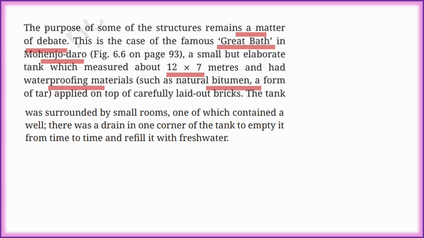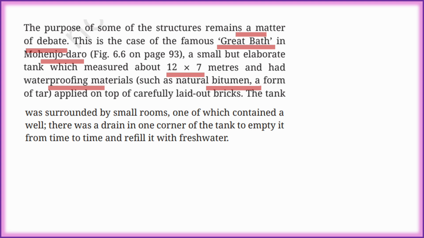It was a pool or tank, small but very well built. A small but elaborate tank which measured about 12 by 7 meters. Elaborate means what? Detailed and carefully made.